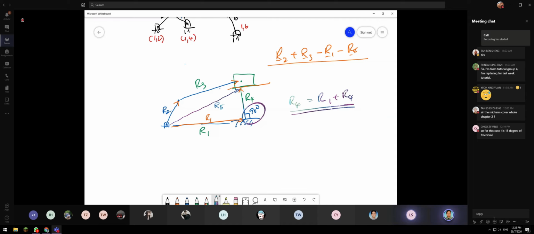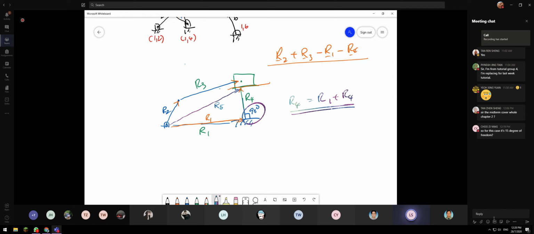But why do we need to have the additional R5? R5 is a resultant of these two to solve the problem. Yeah, I understand that in the mathematical way, but in the engineering way, why do we need the additional R5 there? Just to make the 90 degrees?